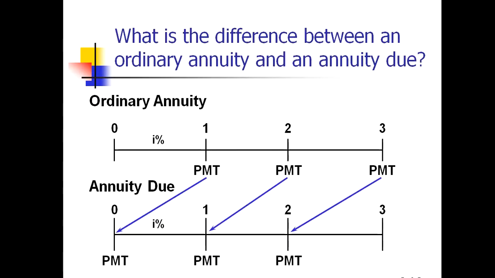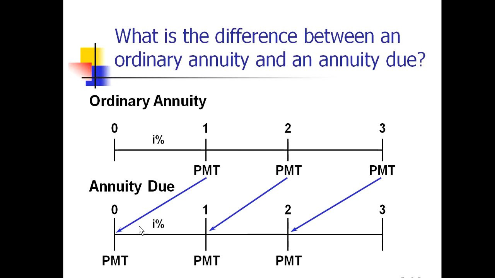And here you can see the timeline for both ordinary annuity and annuity due. As you see in the first timeline, the ordinary annuity payment is made at the end of each period. For example, here the payment occurred at the end of the first year, here at the end of the second year, and here at the end of the third year.